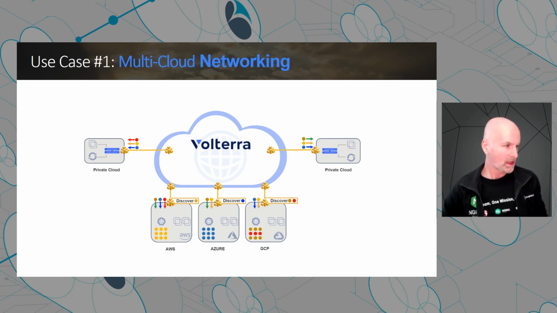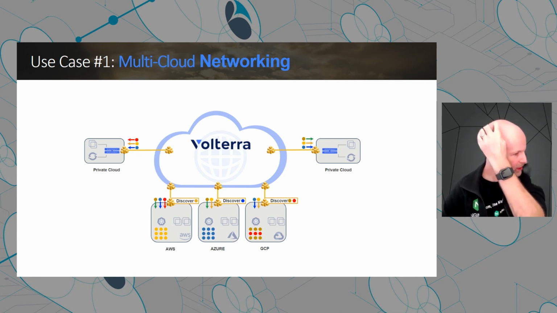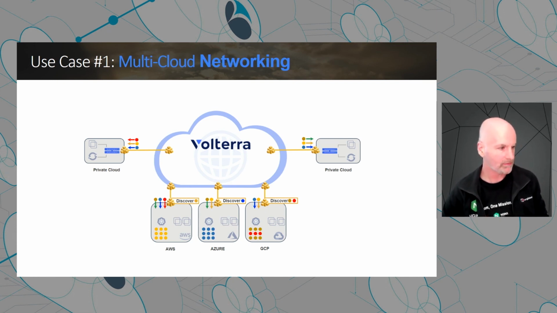So good plan. From a use case point of view, the most important one really is multi-cloud networking, and this is just another view of what I showed earlier. You can see in this picture that in the different environments, I've got different colored dots. In AWS, I've got yellow service. These dots describe a service or an application. In Azure, I've got blue.